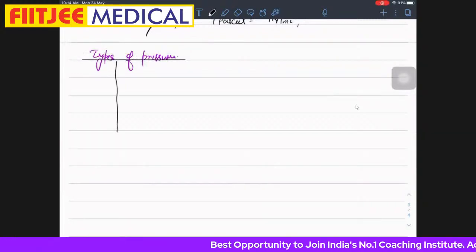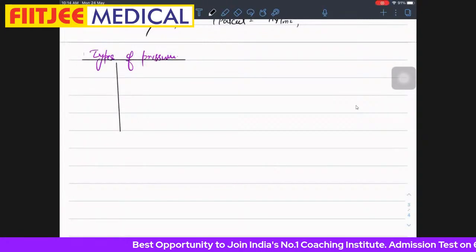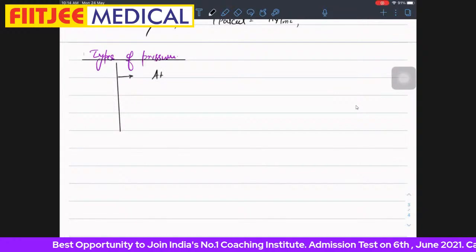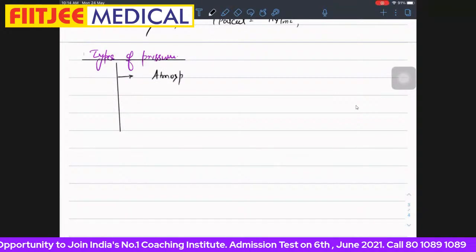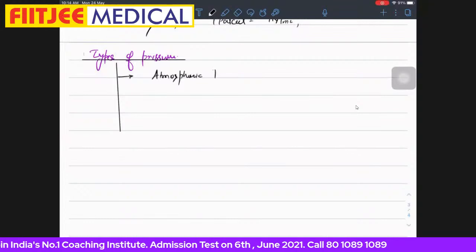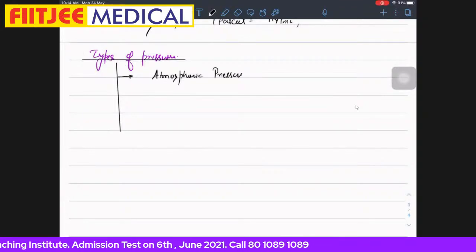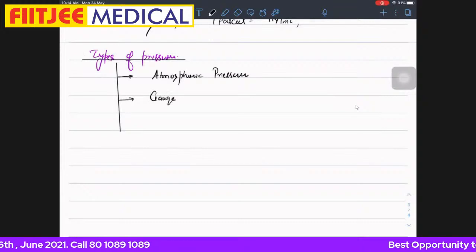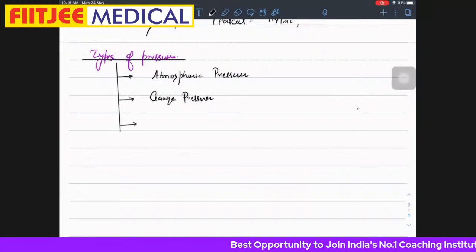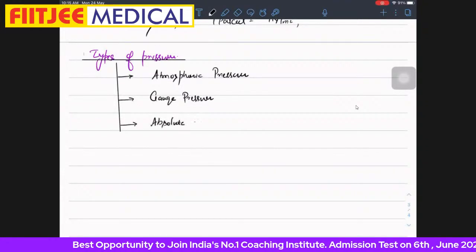There are three terms we normally write: atmospheric pressure, gauge pressure, and absolute pressure.